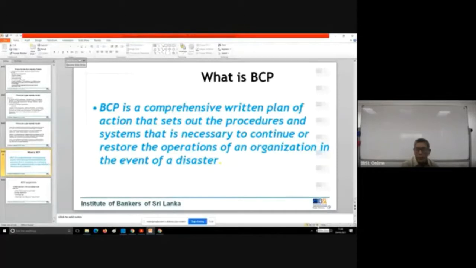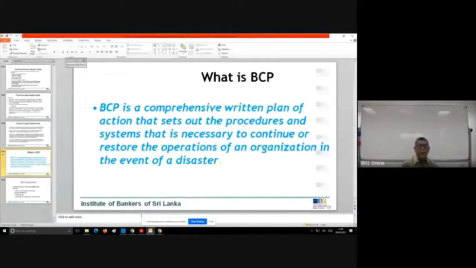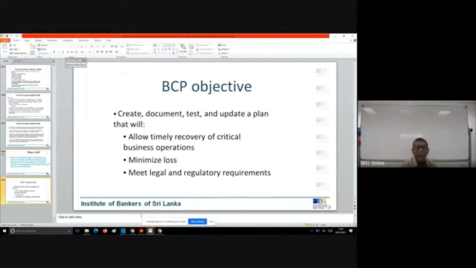What is the objective of the BCP? If you really look at it, the objective is to create, document, test, and update a plan: how to recover critical business operations, and minimize loss through the BCP plan.